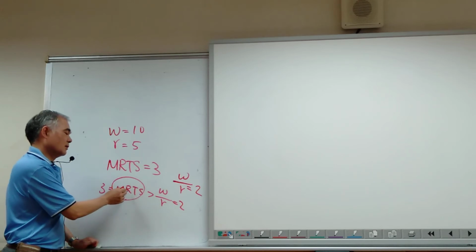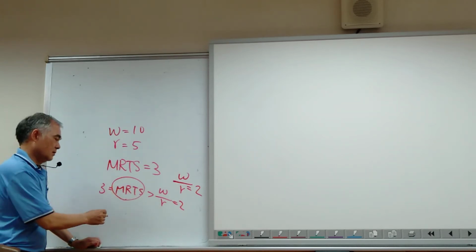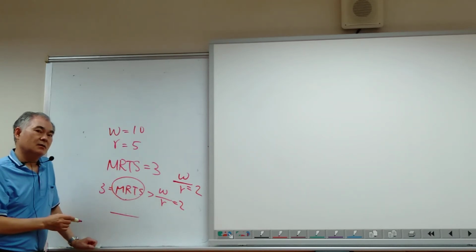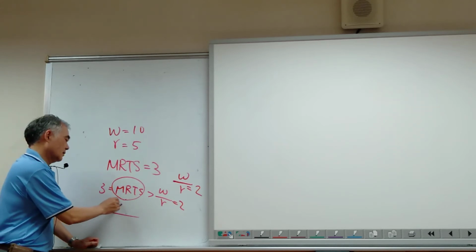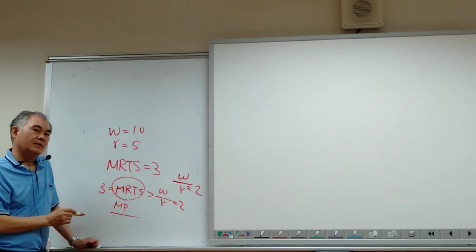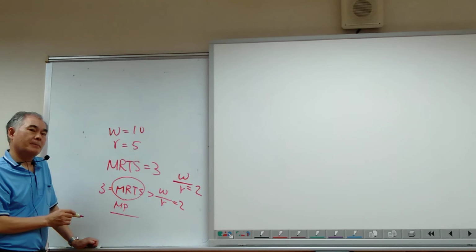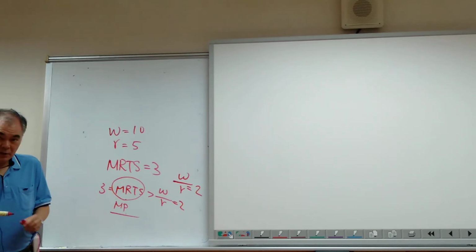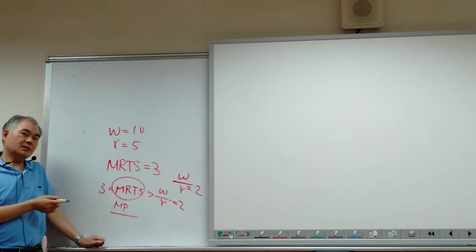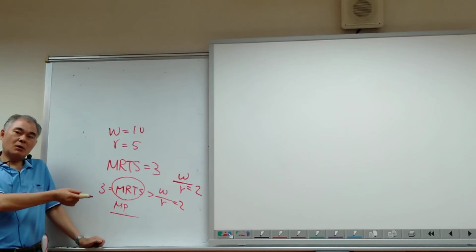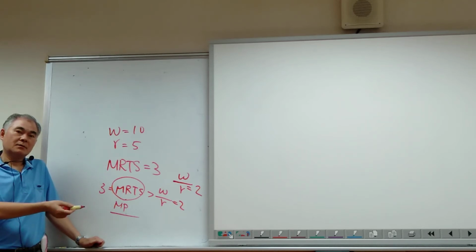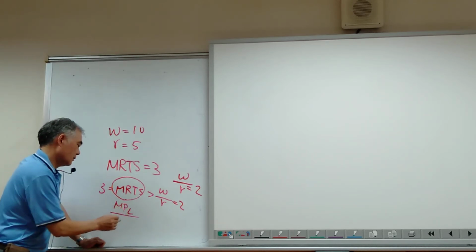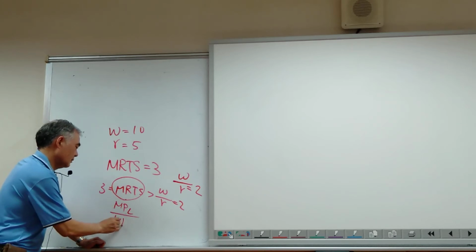Okay, can you tell me what this MRTS is in terms of formula? MP what over what? MPL over MPK.